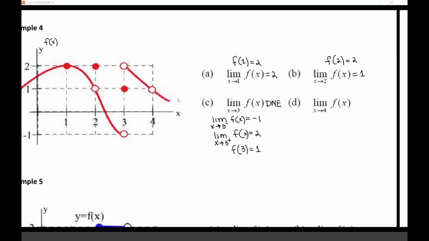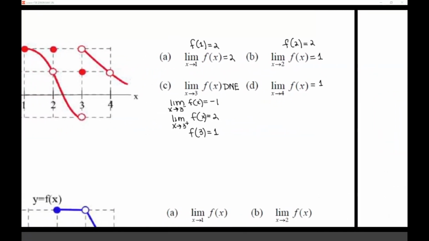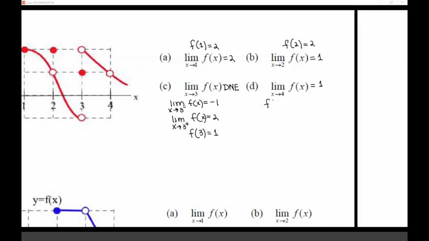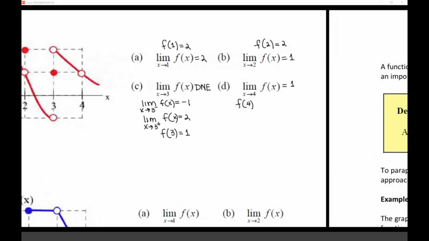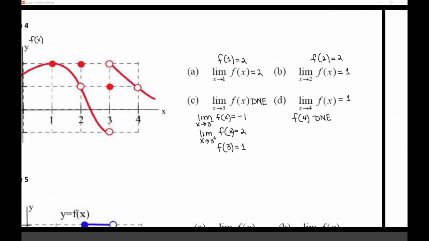Okay, so I can say the limit exists as long as those two values match. Is there a function value at 4? There is not. So f of 4 does not exist. It's undefined. Does not exist means undefined.